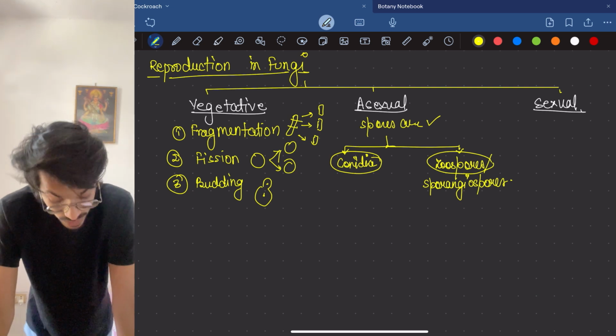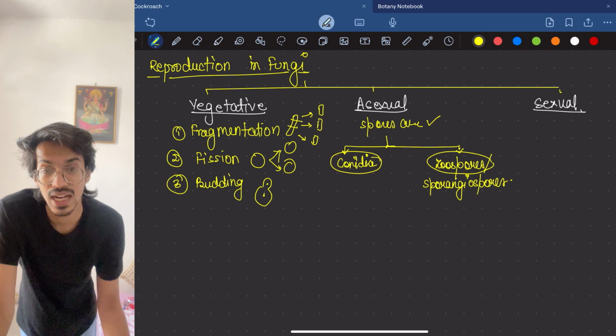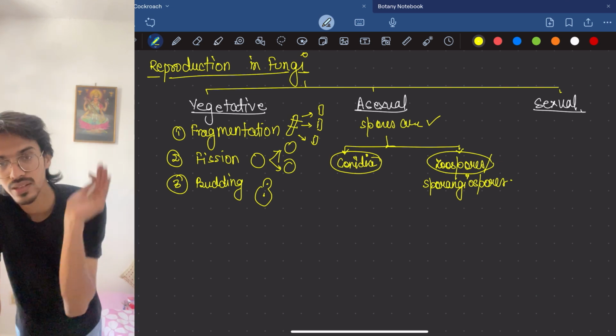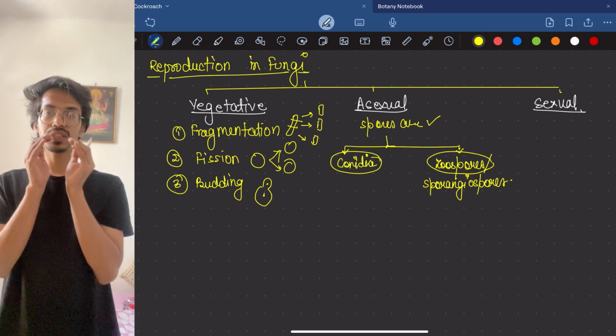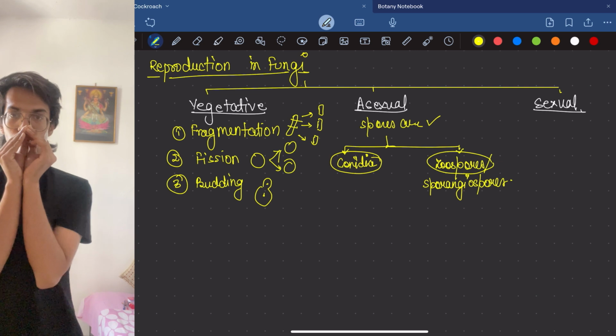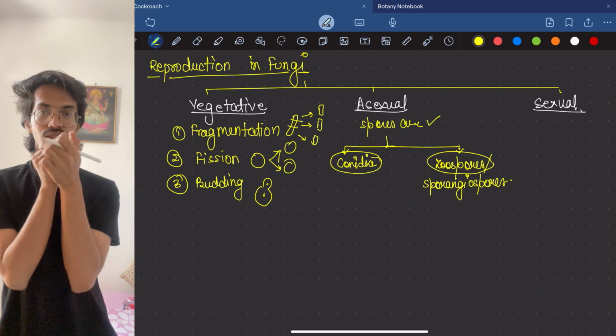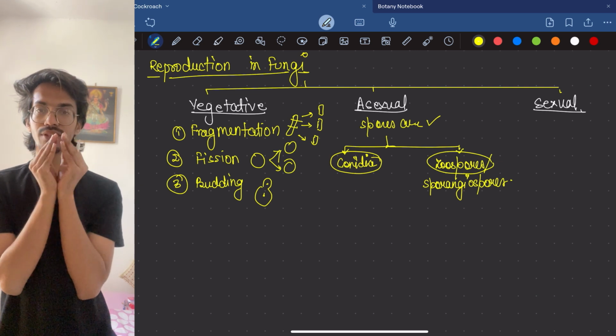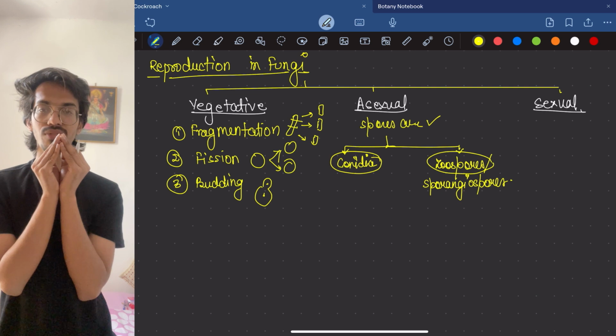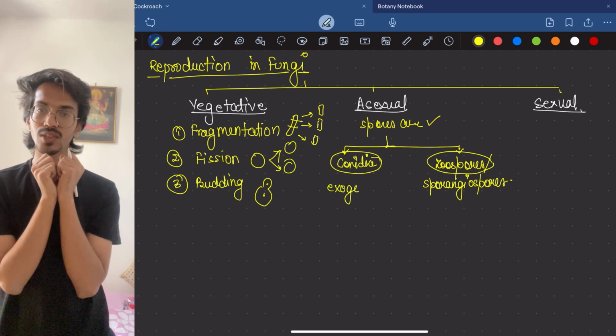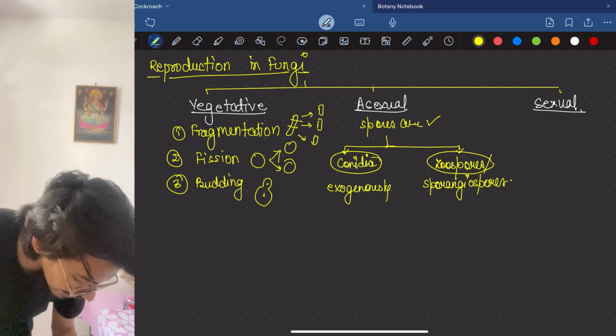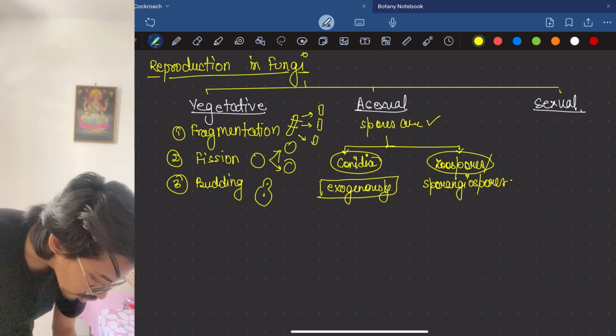Okay, so what is the difference? The conidia are present externally. Means, for example, if this is the fungus body, where will they be present? On this top area it will be present. So imagine if this is a fungus, then conidia will keep on growing like this. Okay, so these are present what? It is present exogenously.